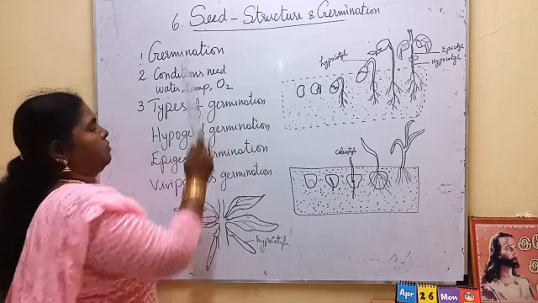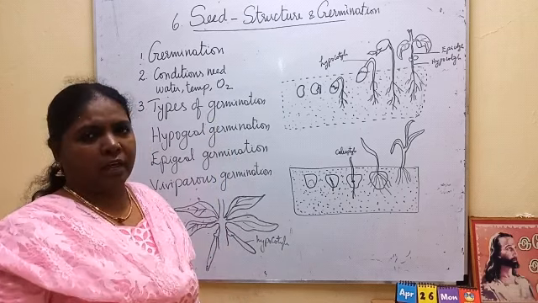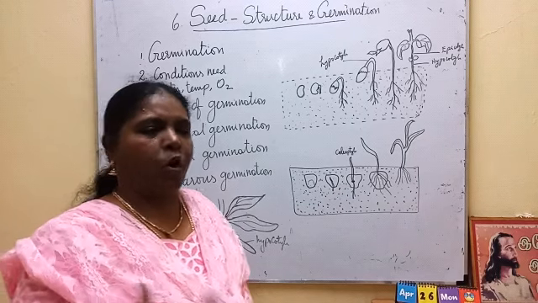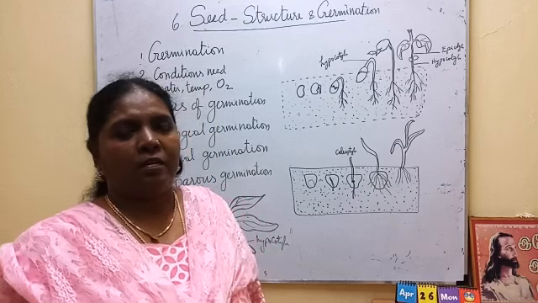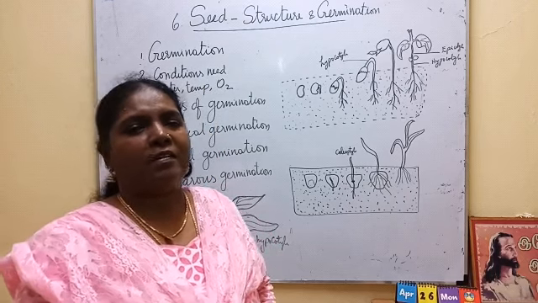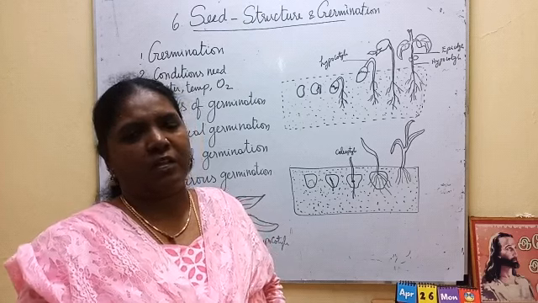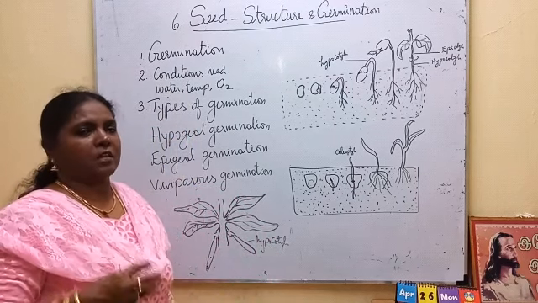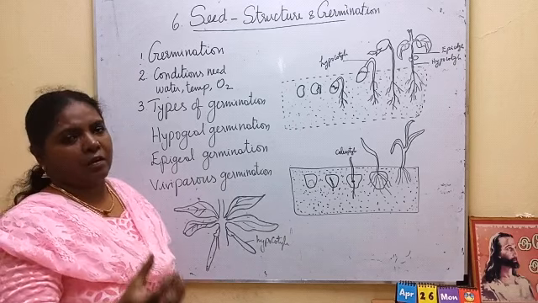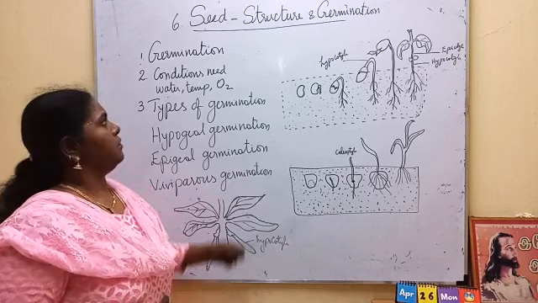What is germination? Taking all the factors like water, suitable temperature, and oxygen, the seed develops into a young sapling, a young plant. That is called germination. So the development of the seed into a young plantlet is called germination.